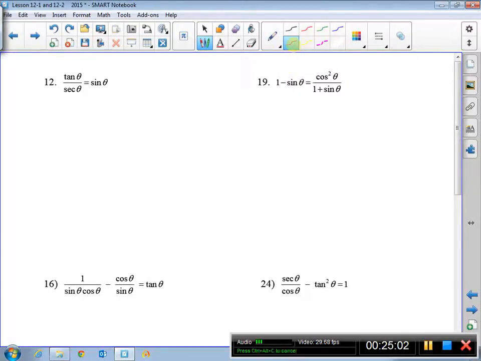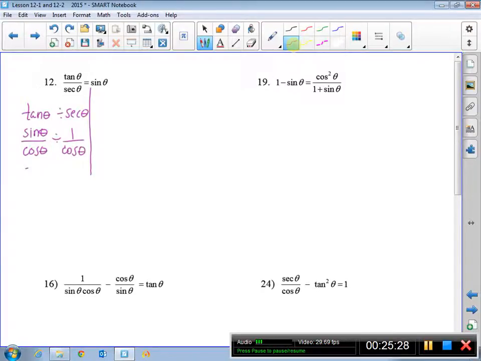Number 12. I'm going to work on the left-hand side. I've got tangent divided by secant. So I'm going to keep that division. I'm going to change tangent. Keep the division for now, because I need to change secant. Secant is 1 over cosine.